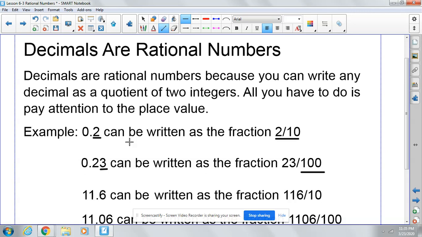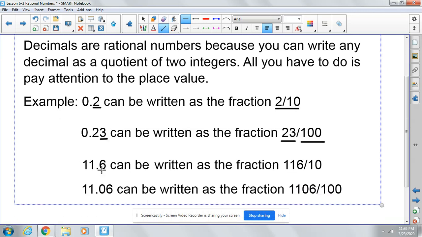And the number of hundredths is the total number that you read there. You read 23. So this as a fraction can be written as 23 over 100, or 23 hundredths. That makes sense because if you said this decimal out loud, or if you wrote this decimal in words, you would write 23 hundredths.